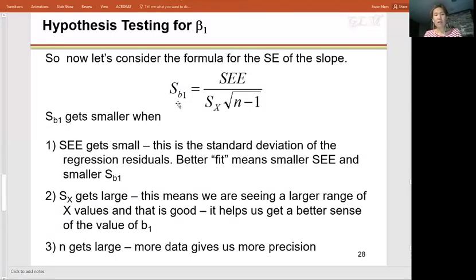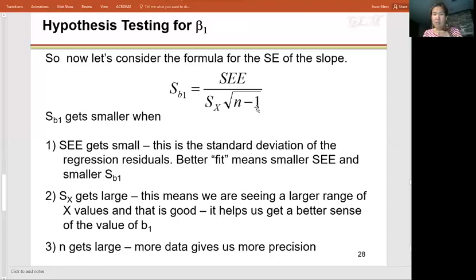So the standard error for slope is this. Because this is the numerator and this is the denominator, we can find some relationships among the numerical values. For example, when do we have a small standard error for slope? When the numerator is small, the standard error becomes small.